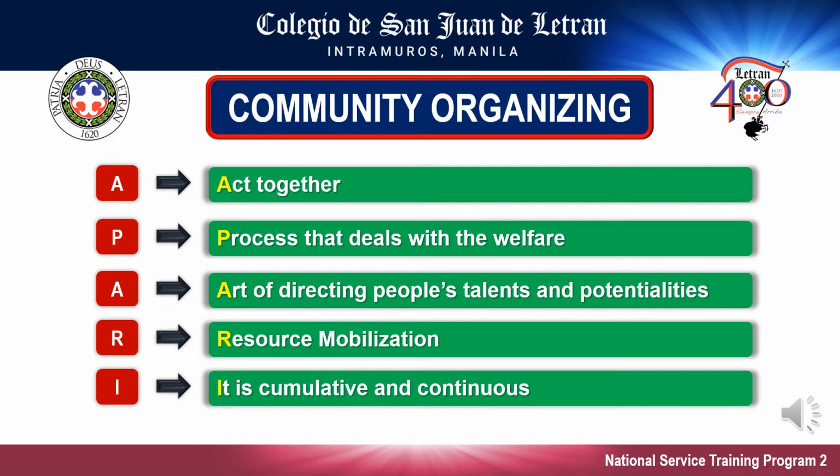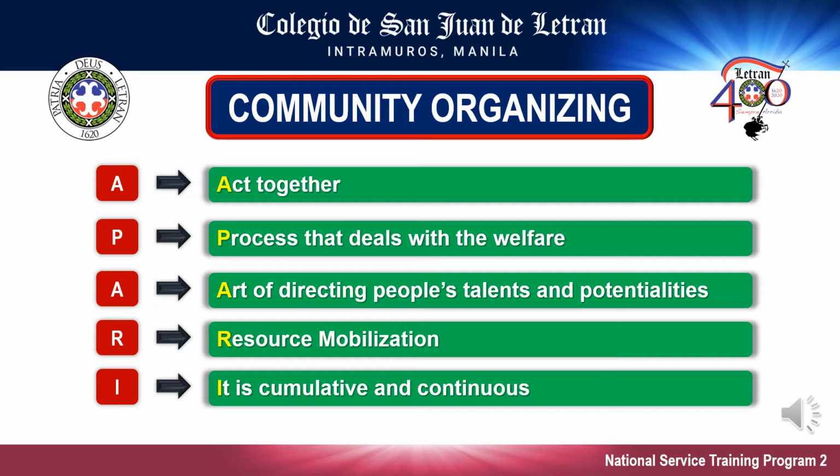Art of directing people's talent and potentialities. It is the art of channeling people's skills and abilities toward the discovery of basic needs and resources. Resource mobilization. Community organizing entails mobilizing resources to satisfy needs, coordinating the work of social agencies, and developing welfare programs.